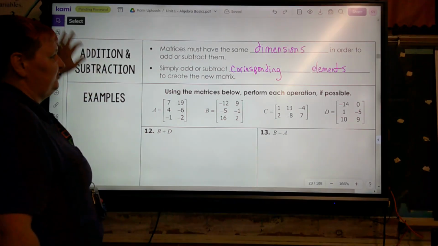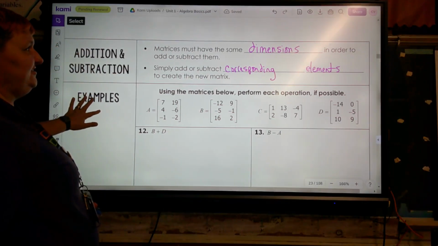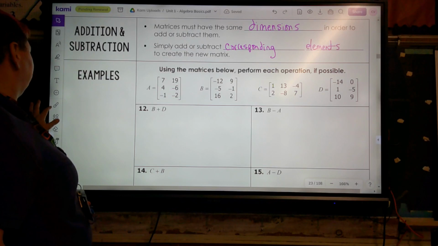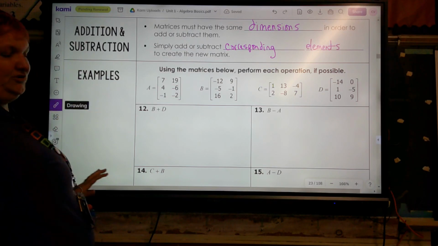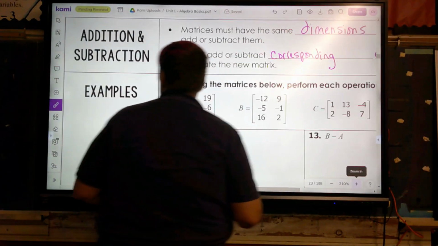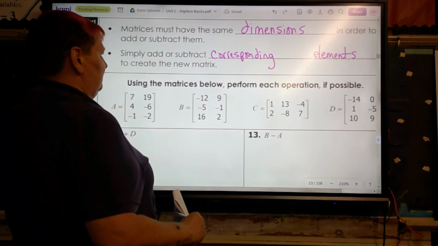All right, let me show you. It's ridiculously simple, even though you think it's hard. But take your time and you can do this, okay? Let me make it bigger.